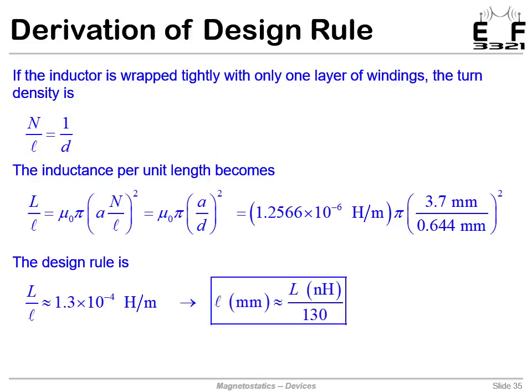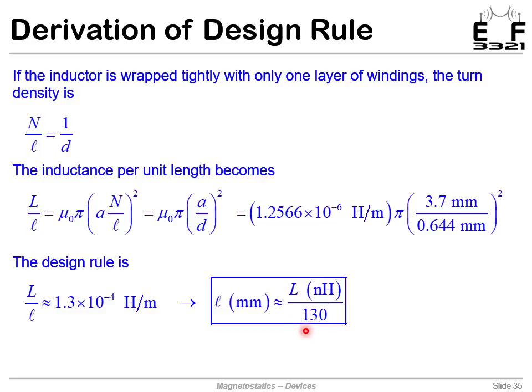And that's here. So first we come up with the inductance that we want, and we'll express the inductance in nanohenries. So let's say we want 130 nanohenries. We take that number, divide by 130. That gives us a value of 1, and that tells you how many millimeters long that inductor needs to be. Let's say we wanted an inductance of 260 nanohenries.